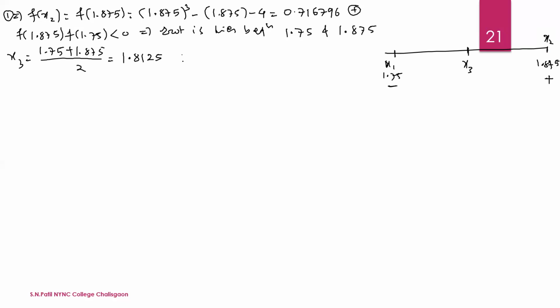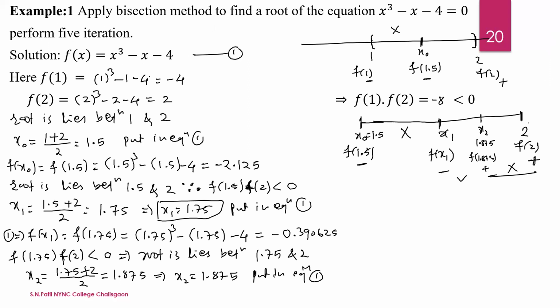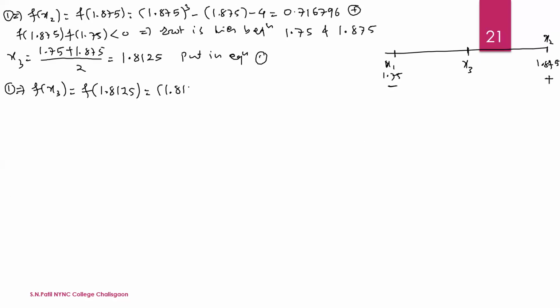1.8125. Now put this value in equation 1. Equation 1 becomes f of x3 is equal to f of 1.8125 is equal to, we substitute here in equation 1, 1.8125 raised to 3 minus 1.8125 minus 4 is equal to, through calculator, we get 0.1418457.